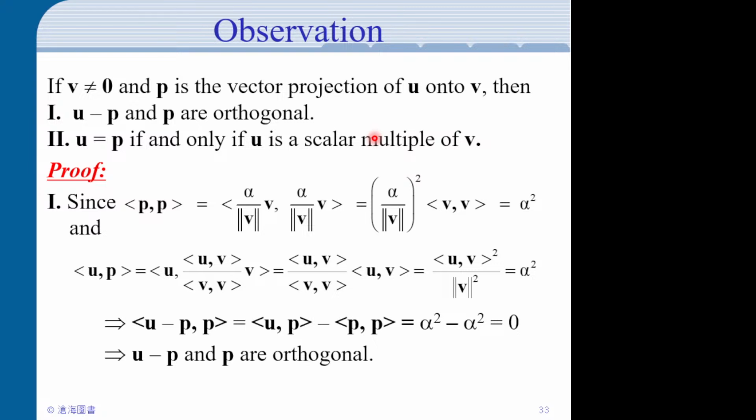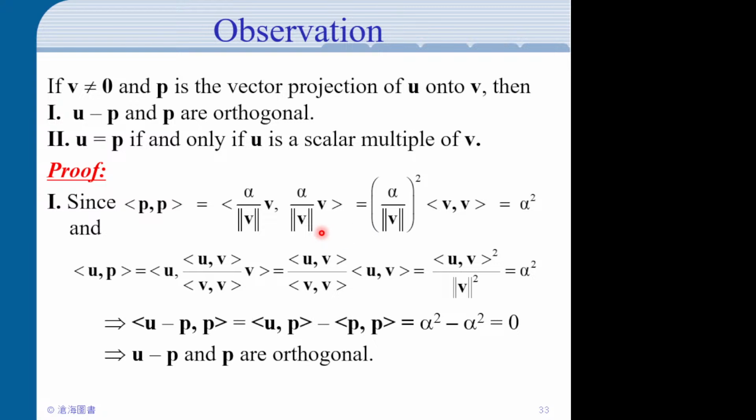We do this in a funny way. Basically we want to check the inner product of u minus p and p. So the inner product of u minus p and p is the inner product of u and p minus the inner product of p and p. And then we do those two calculations. The inner product of p and p: we write down the definition, alpha v divided by the norm of v, alpha v divided by the norm of v.